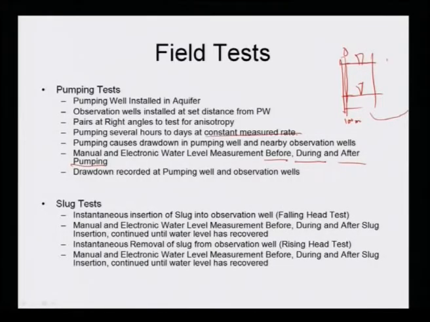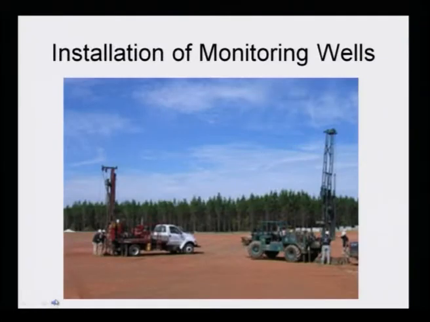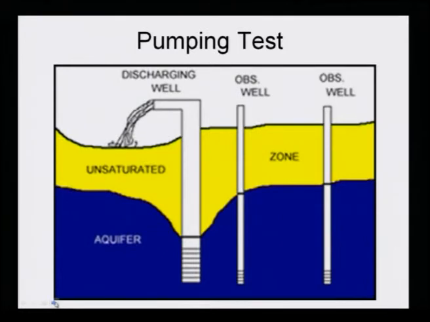Another test, which I am going to show you in detail, these are all in the field. If you look here, this is your aquifer, the water table, the water level. In this aquifer, which is a constant aquifer, you have a discharge well, and nearby at a certain known distance is your observation well, either one well or two wells you can put.